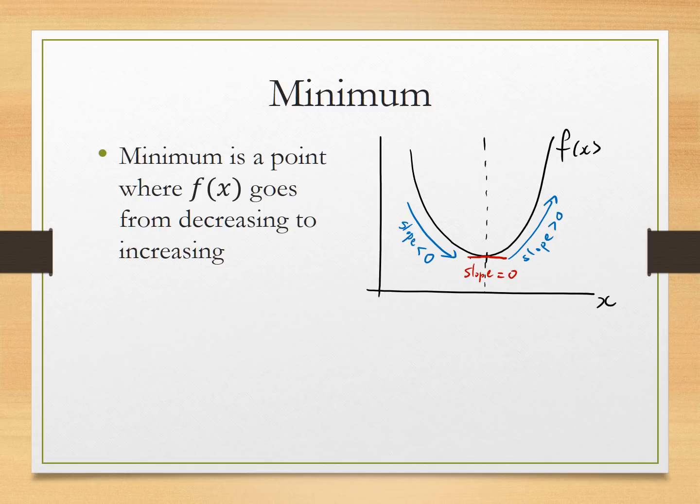So the slope is 0 at that point. Right. So that's what we observe from drawing diagrams of maximum and minimum. It turns out that in both cases, the slope would be 0 at the point of maximum or minimum.